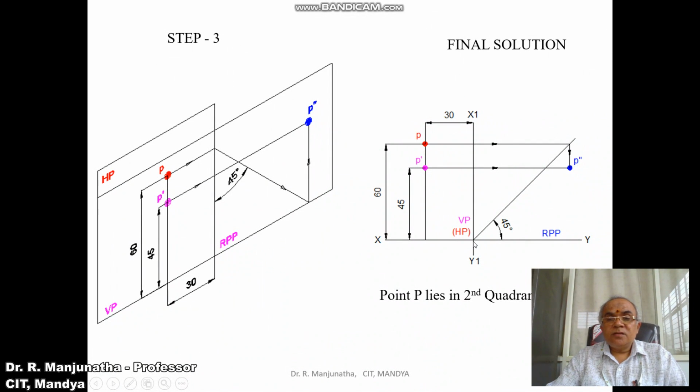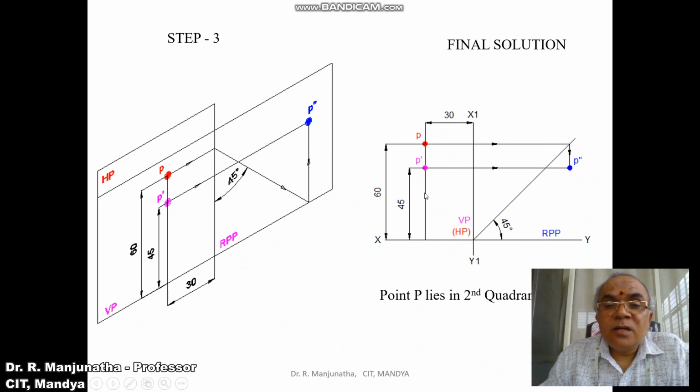So draw a 45 degree line adjacent to HP, because HP is also above the XY line. So your 45 degree line will also be above the XY line. And then draw a horizontal projector from the top view to the 45 degree line. Then what happens? The distance behind VP, which is 60 mm, which is vertical here, has been transformed to this distance of 60 mm.